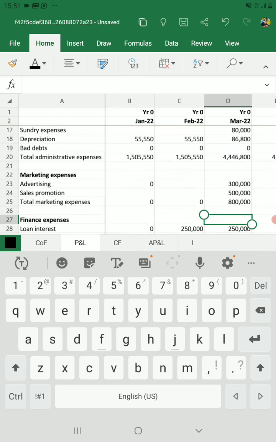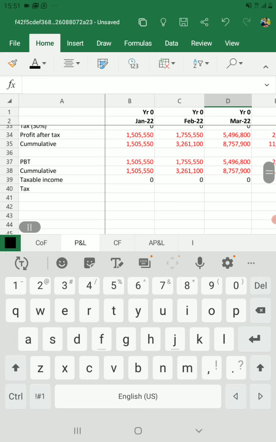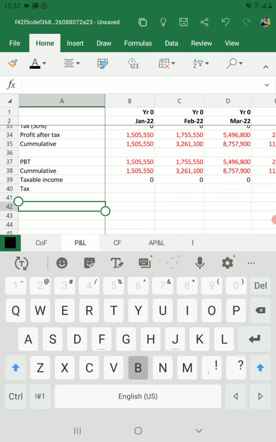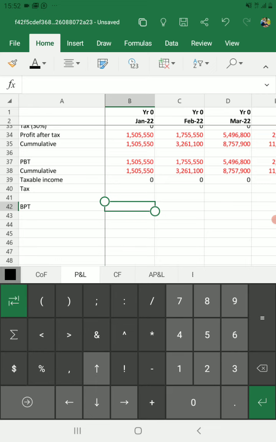So we are going to our monthly balance sheet, where we need to establish earnings before interest and tax, which starts with profit before tax, which is this figure.